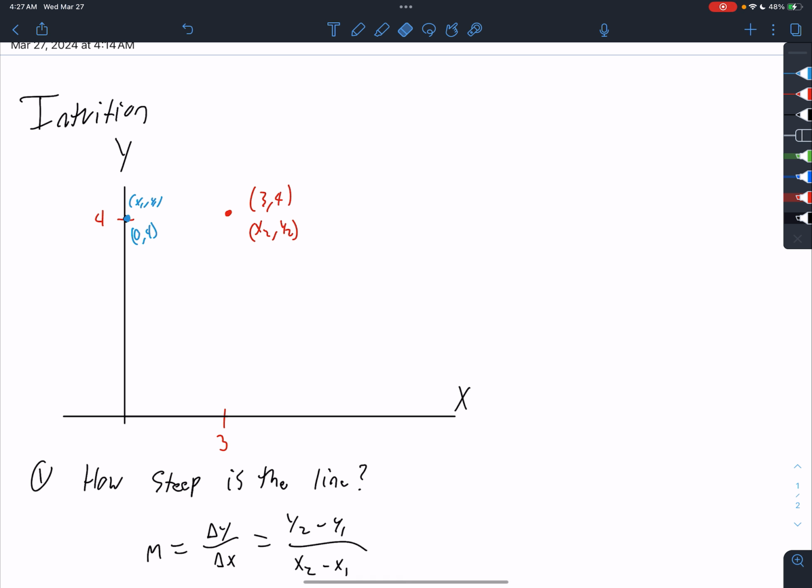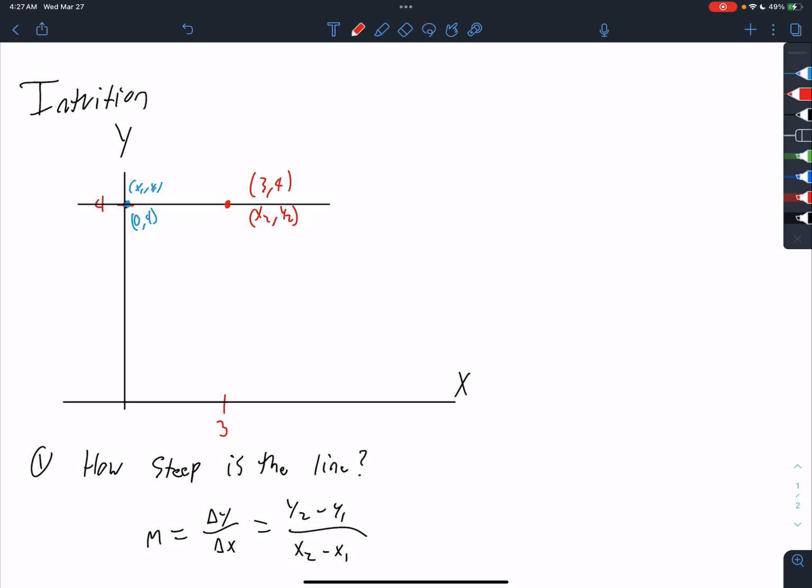Okay, so what's our first step? Well, we've got to find the slope of the line. The slope of the line, well, we're just going straight across. That's not a great line, but let's say it was perfectly there. I'm just going to move it. So it goes straight across. Okay, well, let's see it algebraically.